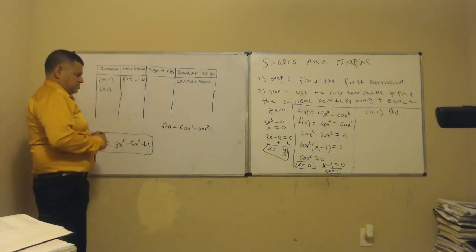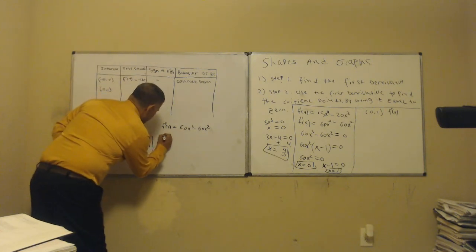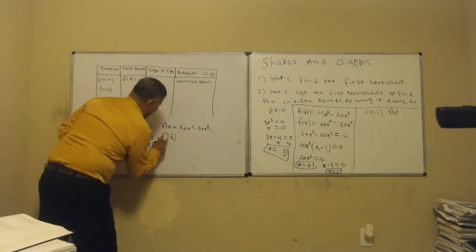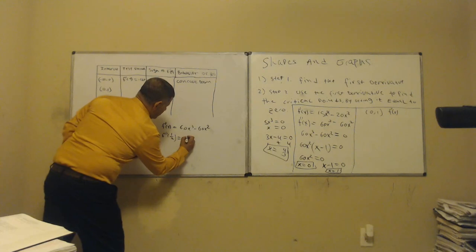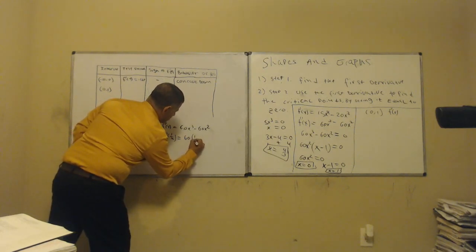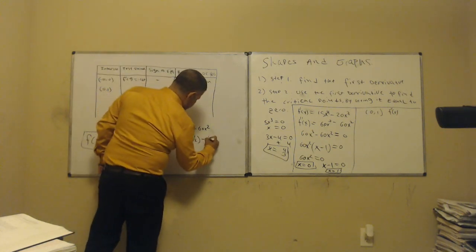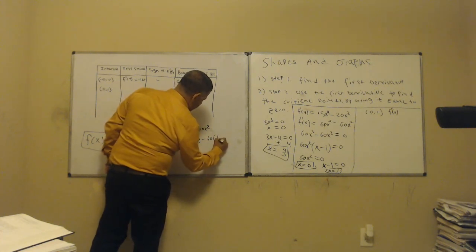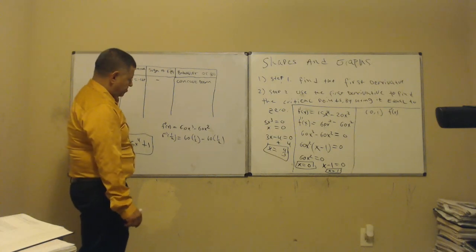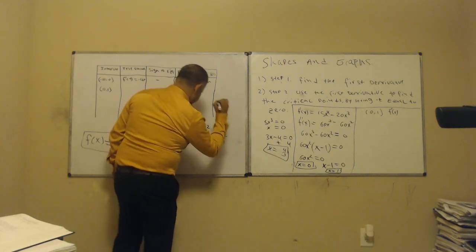And yeah, so let's try 1/2. So let's say f double prime of 1/2 is equal to 60 times 1/2 cubed minus 60 times 1/2 squared.